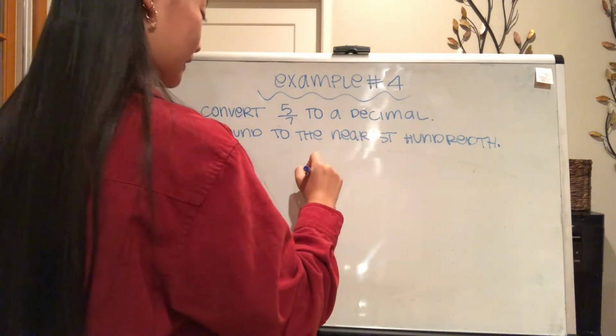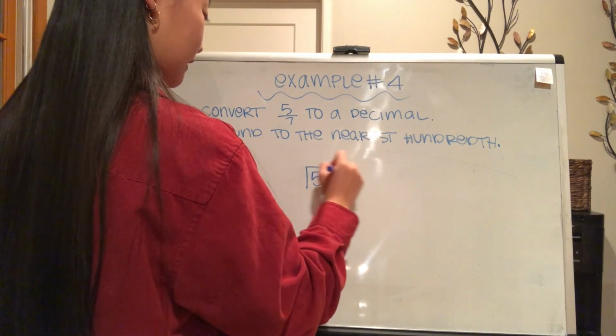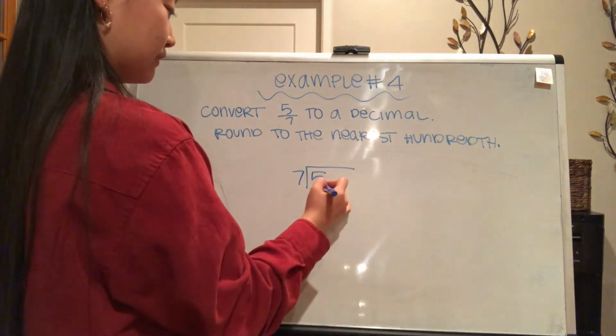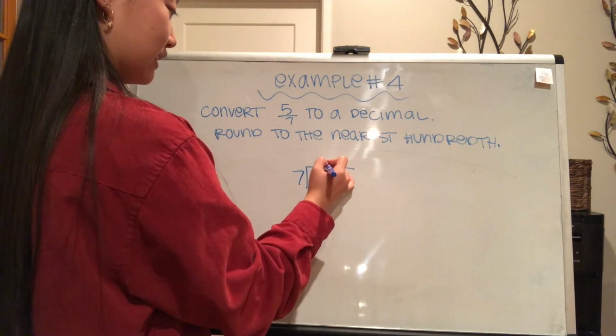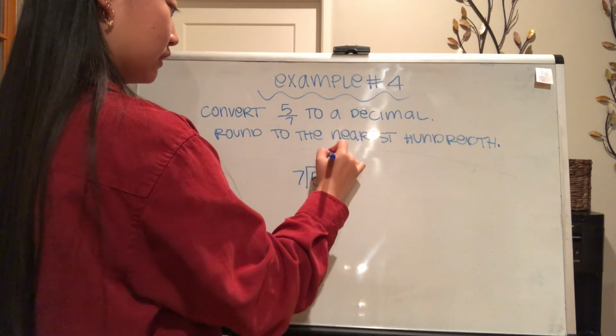So you're going to set up long division. So 5 goes on the inside, 7 on the outside, but 7 can't go into 5. So you add the decimal and add a 0.